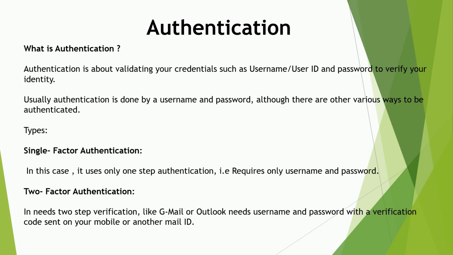Either it will give you the option to recover from another mail ID, or it will give you the option to verify using a code sent to a mobile number that is linked with it. So it's a two-step verification. Two-step means one step is giving username and password. The second step is verifying that you are the true user of this account using an OTP, the kind of thing people receive while doing payments. So the OTP will be the second factor or second step.